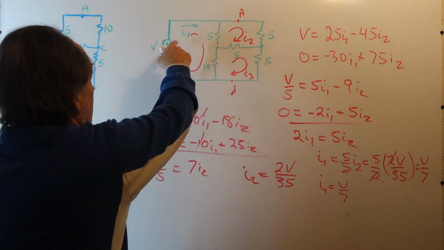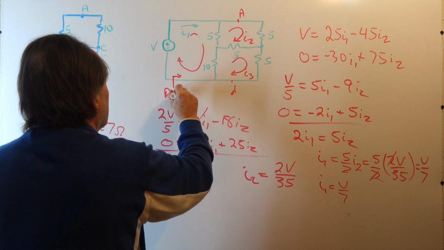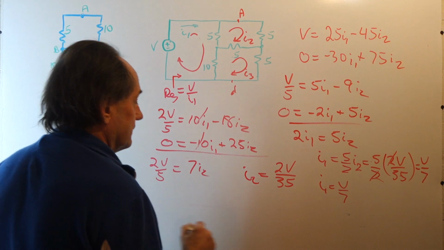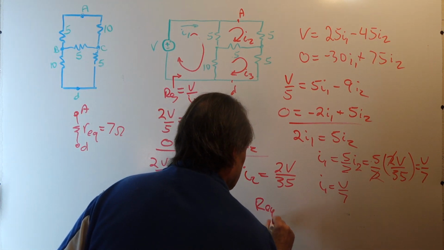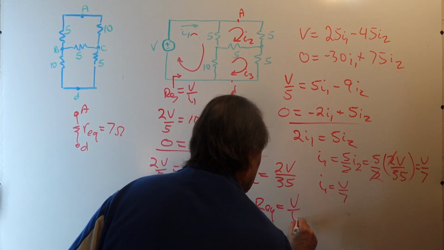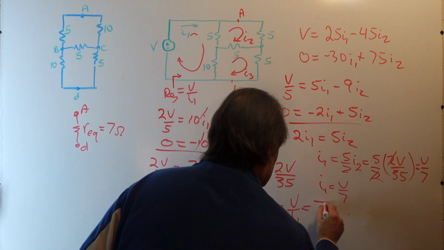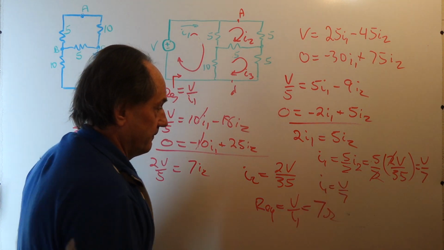But remember, our equivalent then is V over I1. So our equivalent then is V over I1, or 7 ohms.